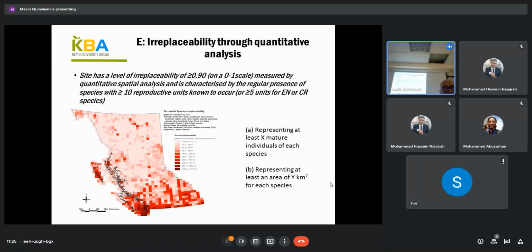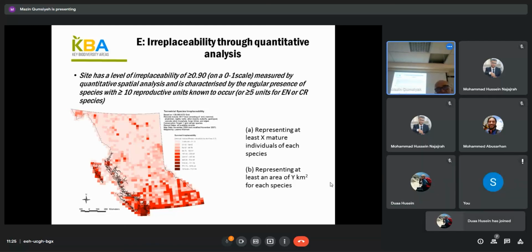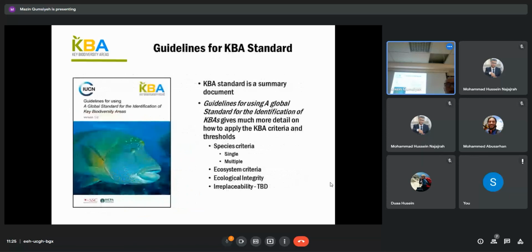That the function of this site is irreplaceable by another site. But you have to prove it, to demonstrate it with a very complicated process, and my advice is not to try to apply that.